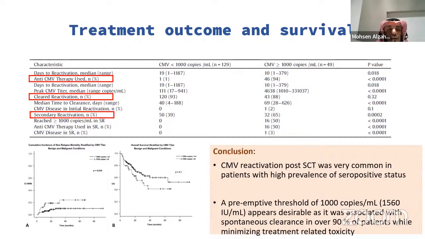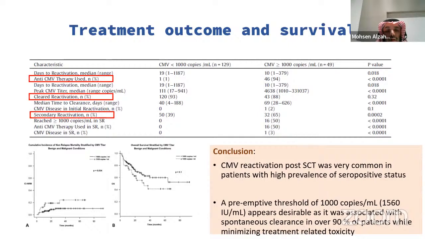CMV disease: none of the patients with CMV titer less than 1,000 developed disease, while only 1 patient with a titer more than 1,000 developed the disease. Secondary activation in 39% of patients with titer less than 1,000 and 65% in patients with titer more than 1,000.